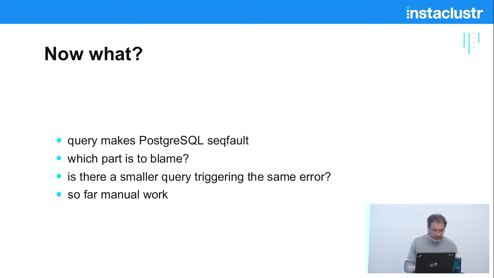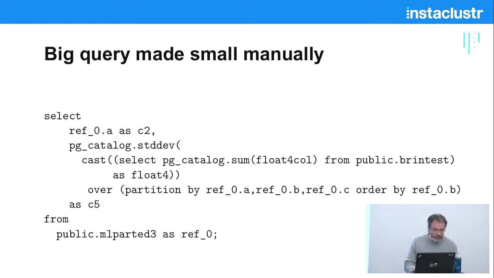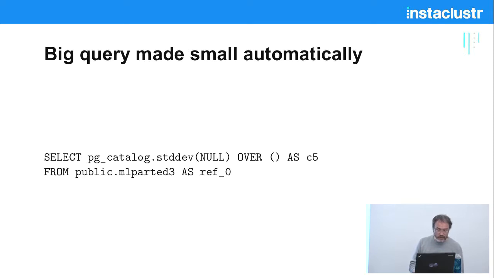So far, this has been manual work, and back then, Andrew Dunstan, one of the Postgres developers, had a look at the query and reduced it to this one, which is much shorter than the original, but it's still very, very complex. But the good news is we can actually automate that process, and if we do that automatically, we can figure out that the crashing query is just this one.